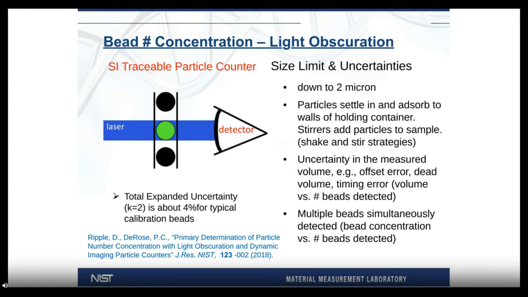What's great about this technique is that because it's so simple, we can easily get at the uncertainties involved in the technique, and therefore can specify what those uncertainties are. We've shown this technique to be an SI traceable particle counting technique, which has been shown in detail in the reference shown at the bottom in blue, which appeared in 2018.